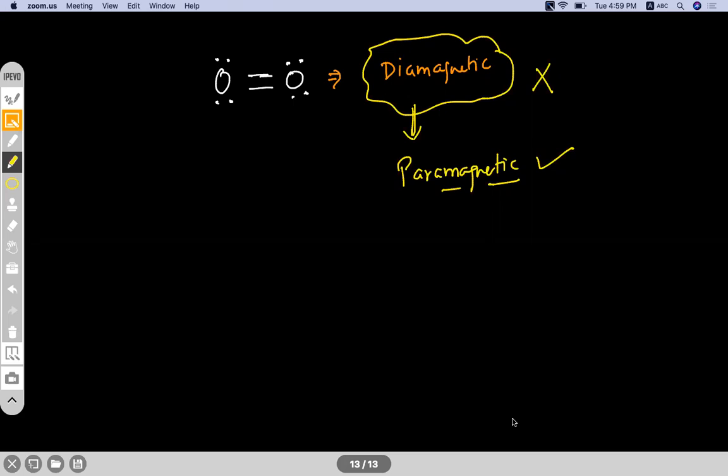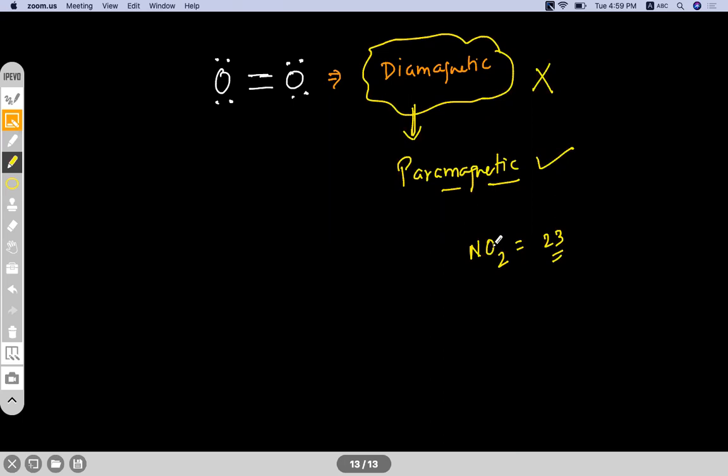Paramagnetic molecules are those molecules which have unpaired electrons. For example, if I write down NO2, how many electrons does this have? 23. Odd number of electrons. It must have one unpaired electron. So when an unpaired electron is present, the molecule is said to be paramagnetic.